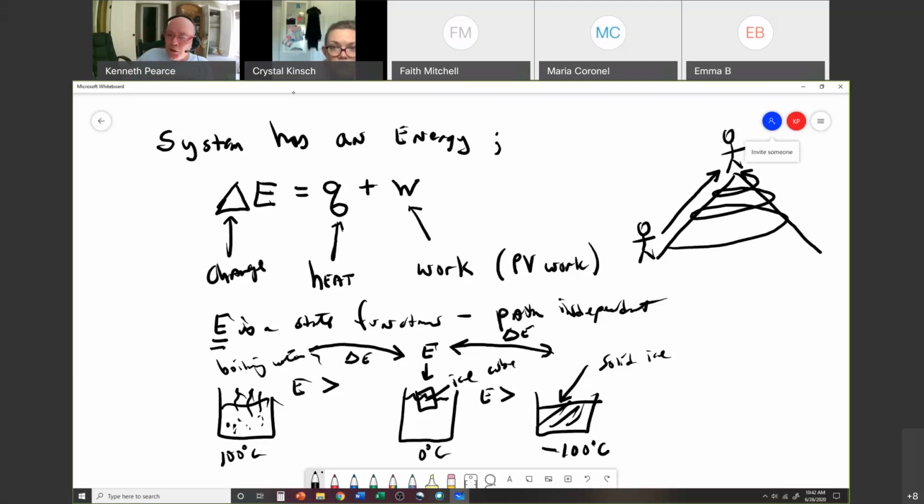But after you're done, you're at the top. What's the change in energy? Well, the change in energy is from here to there. The path you took is the same amount of energy once you get up to the very top, from the bottom to the top. It's the same amount of energy whether you take the route going around the mountain or you go straight up the side. It still takes the same amount of energy.